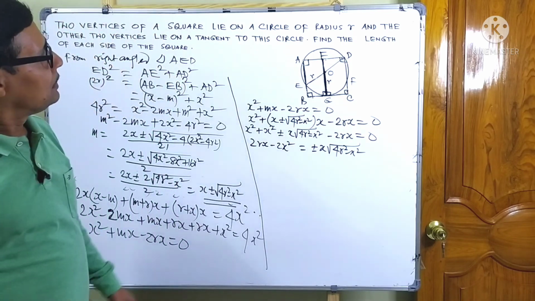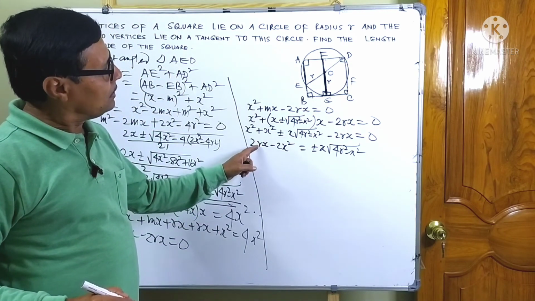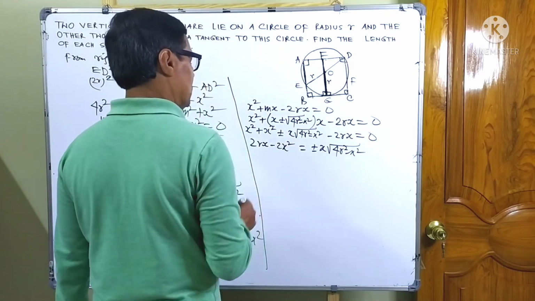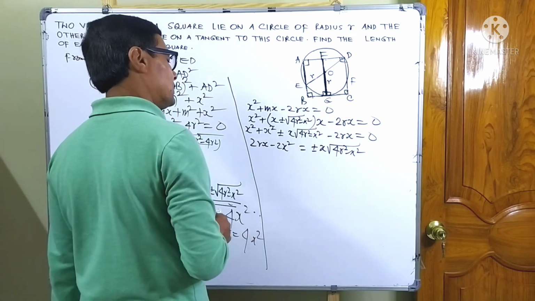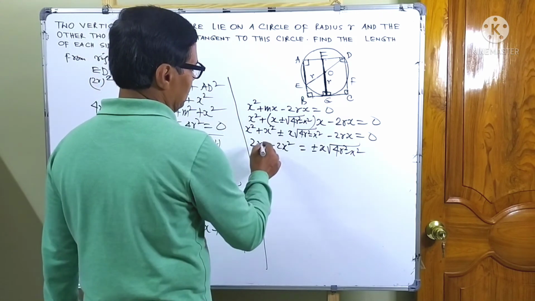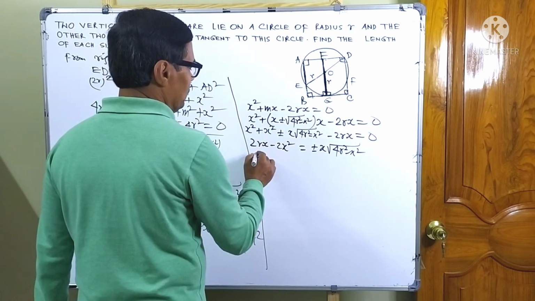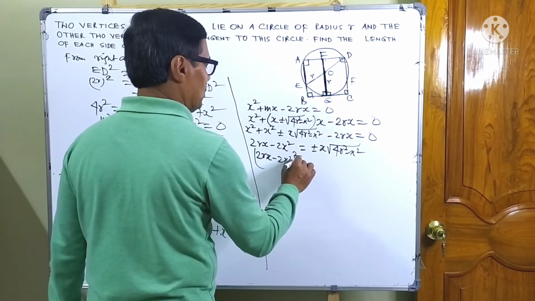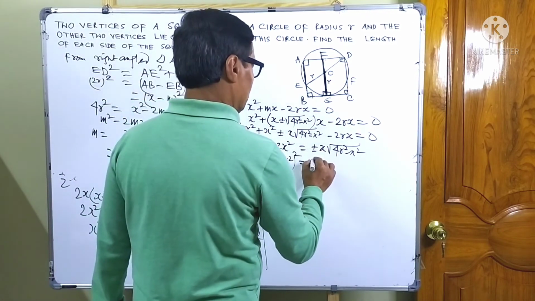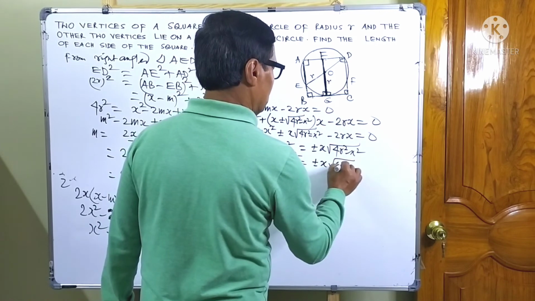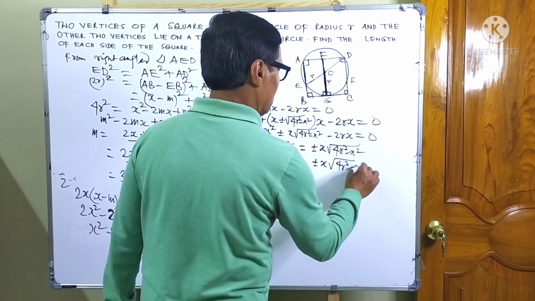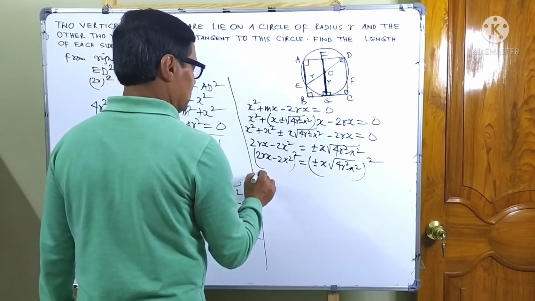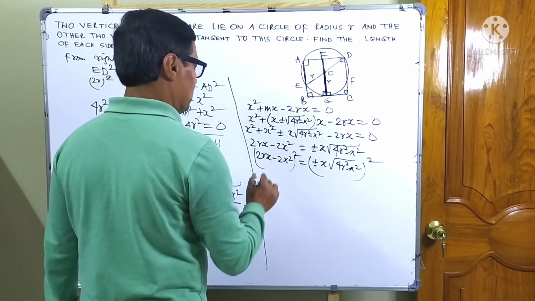We can take the square of both sides of this equation. By squaring we get (2rx minus 2x square) whole square is equal to x square multiplied by (4r square minus x square).